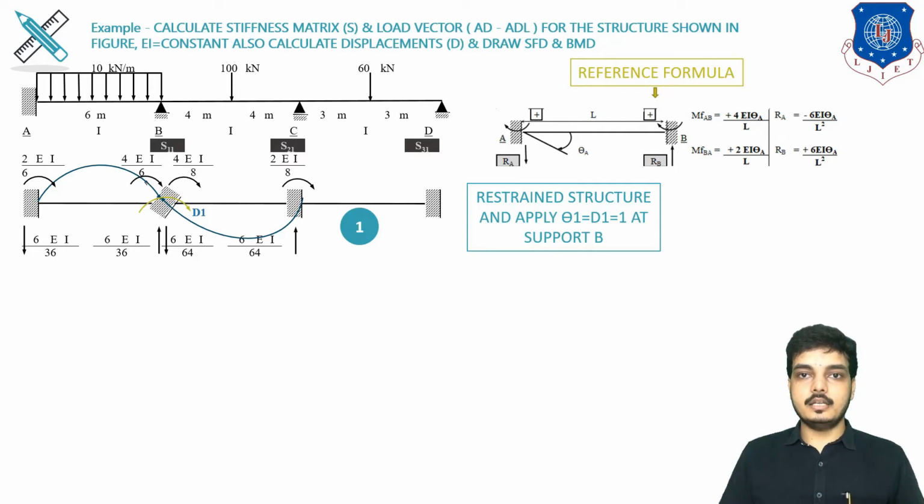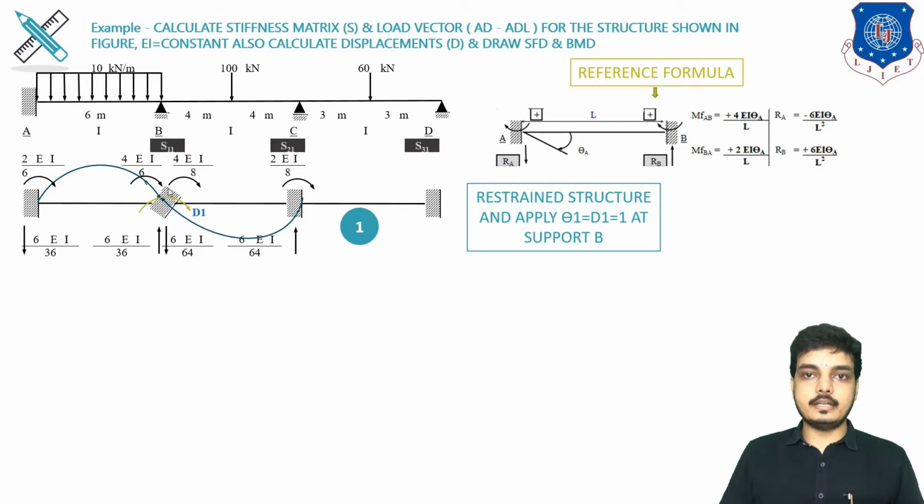So let's see. Here, as you can see, support B has been rotated in the clockwise direction, because here we have applied theta 1 equals D1 equals 1 unity at support B. So the behavior of spans AB and BC will be in a manner like this.